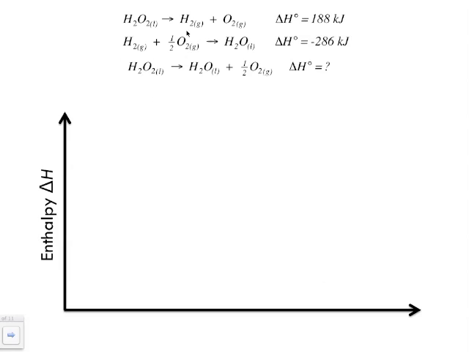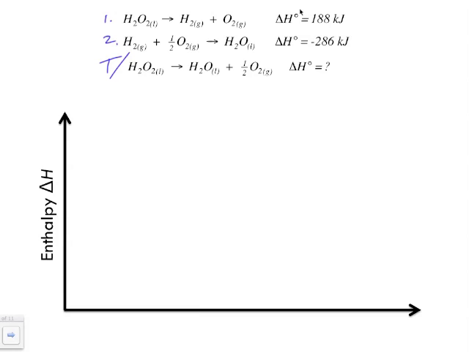Let us look at these same two equations in graph form, showing their change in enthalpy, showing their potential energy. We've got the target here at the bottom, that was the one we were trying to find. If we look at the first equation, hydrogen peroxide decomposes into hydrogen gas and oxygen gas.